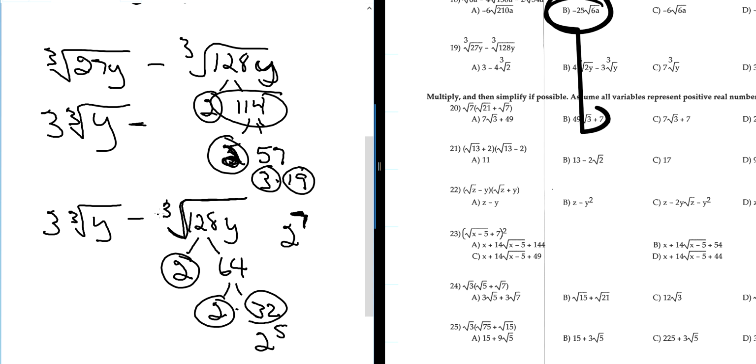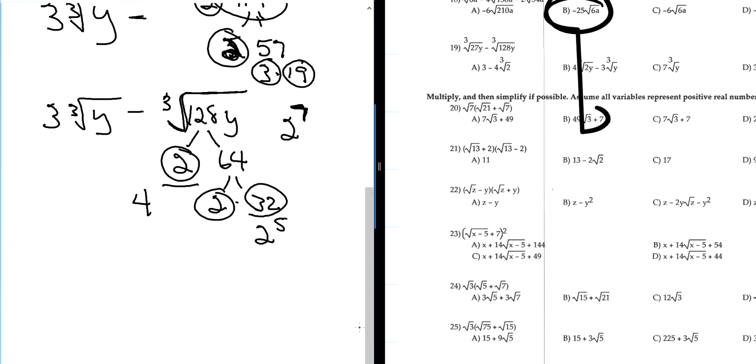Then 3 goes into 7 two times, and I'd have 1 left over. So in essence, it's going to be 2 to the 2nd power, which is 4. 4 comes on the outside, and then inside is 2y.